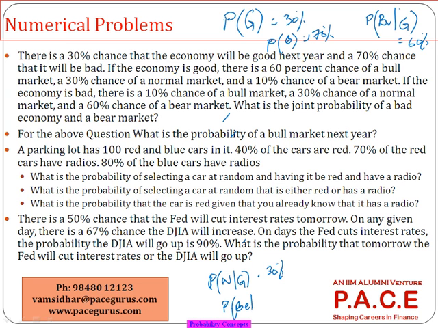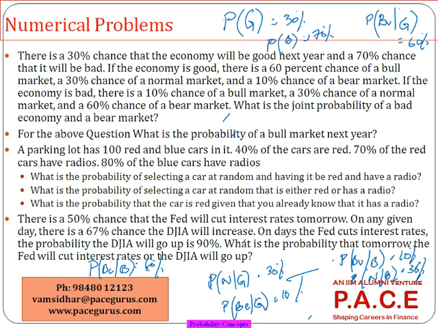Now these three again are mutually exclusive, because 60, 30, 10. If the economy is bad, there is a 10% chance of a bull market. Bull given bad is 10%. Then probability of normal given bad is 30%. And the probability of bear given bad is 60%.